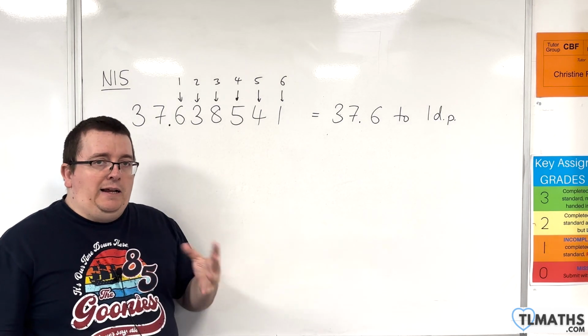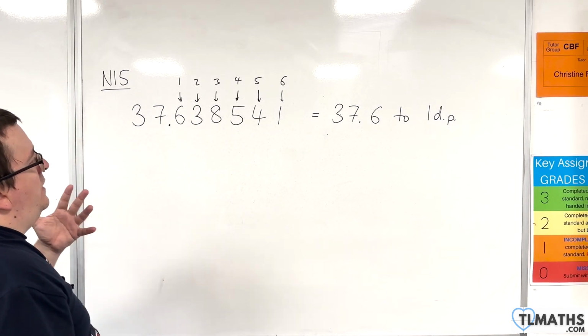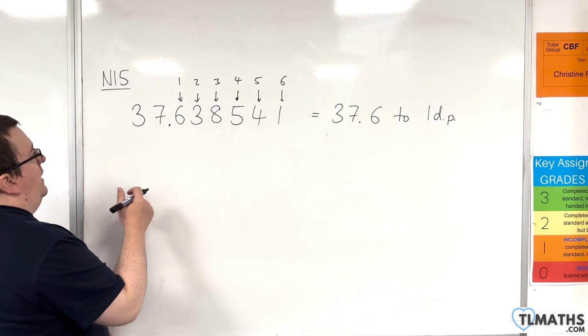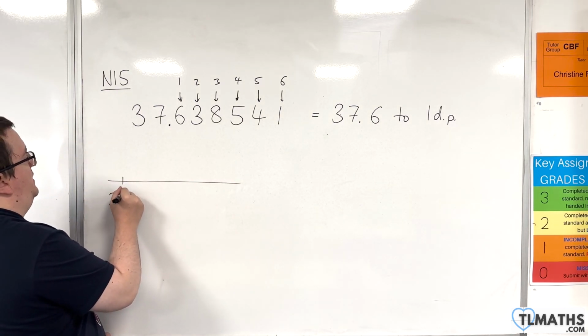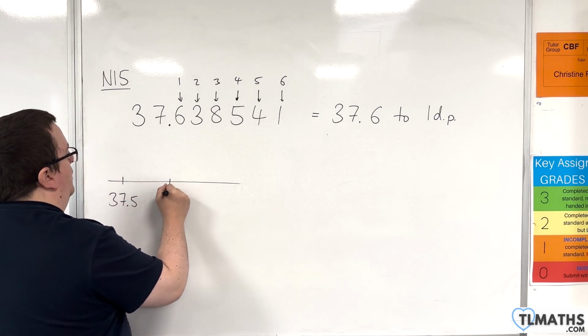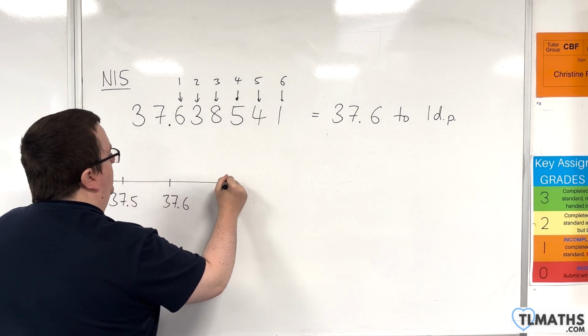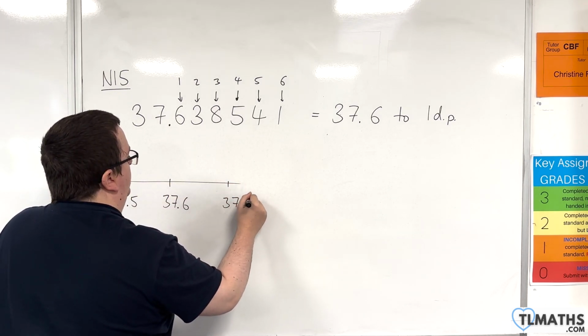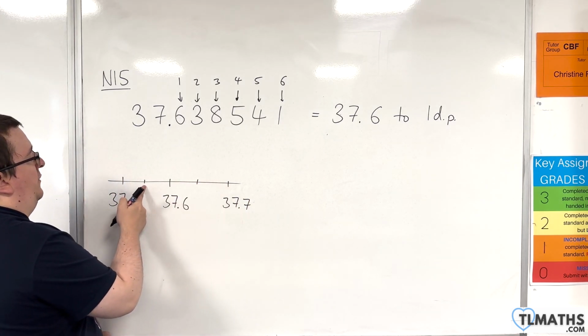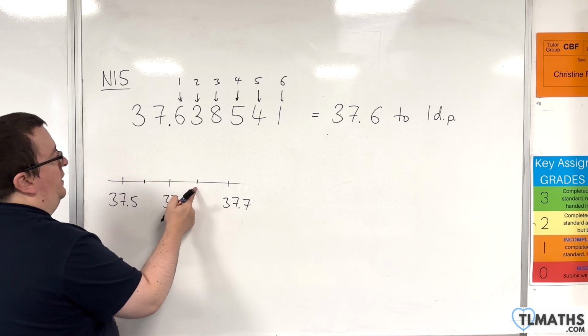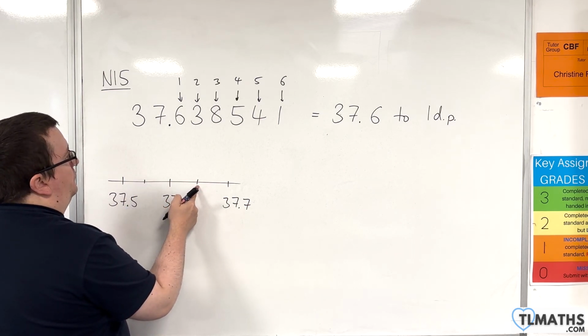So let's be clear on this then. The idea here is that we're looking at a number line where we have 37.5, 37.6, 37.7. And then we have our midway points, so 37.55, 37.65.